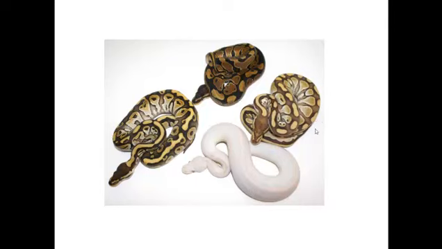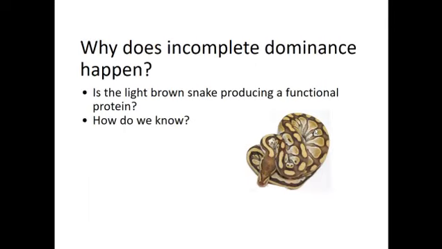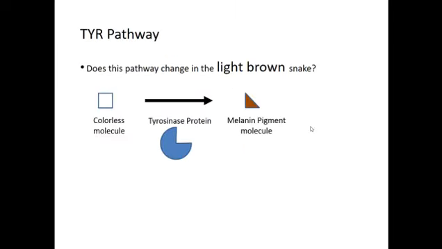We still haven't really answered the question, though, about why incomplete dominance happens. And is this light brown snake actually producing a functional protein? And how do we know? This is an amazing question that our cell model we've been working on all the way back from the beginning of this unit can help us answer.